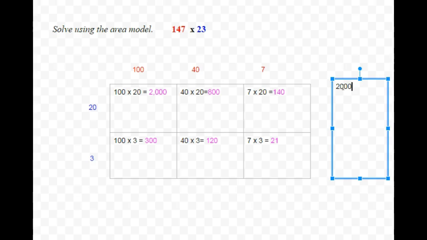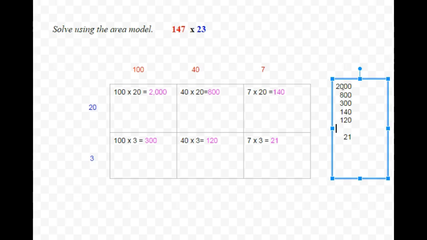So I'm going to do 2,000 plus 800 plus 300 plus 140 plus 120 plus 21. And I've got to remember I'm adding all of these.